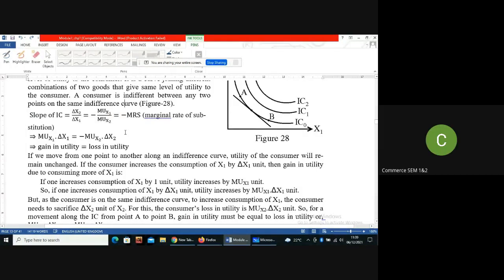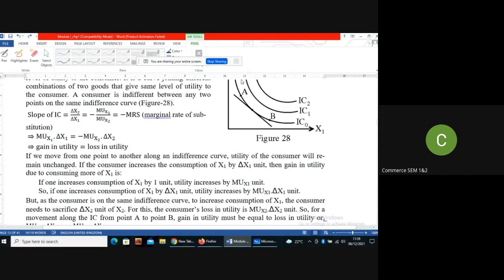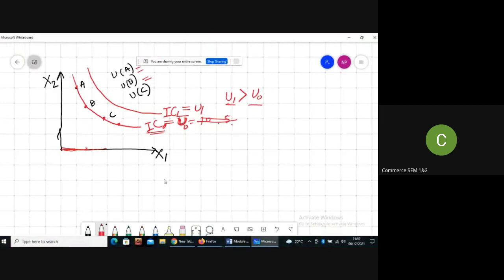Now the slope of this curve, the indifference curve, what is the slope of the indifference curve?